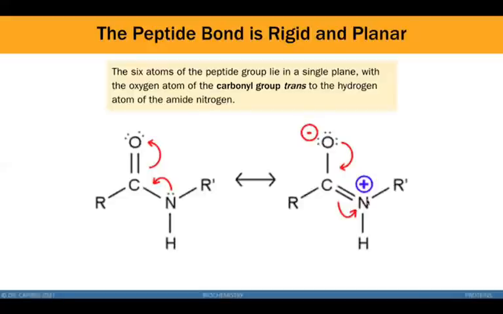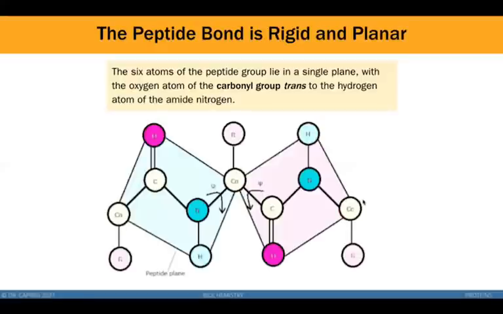Why is there resonance? It's because of the partial positivity of the nitrogen and the partial negativity of that oxygen. So there's a tendency of the electrons to resonate from one atom to another. Okay, so again, emphasizing the planar structure of the peptide bond.